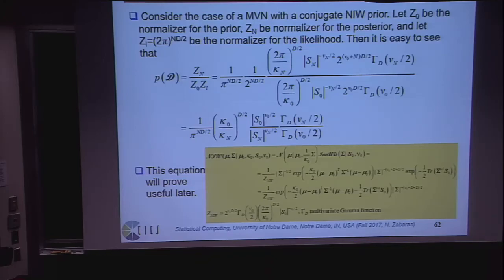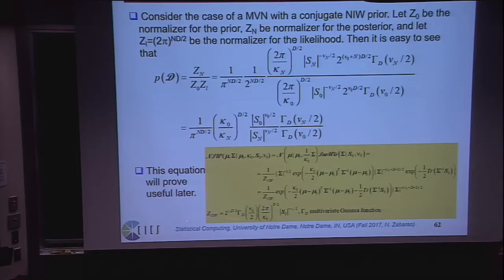Okay? For those who want, you can look back in the slides because we did it. And the normalization factor for the normal inverse Wishart distribution is given by this beautiful expression that involves the determinant of this scale matrix S0. It involves k0, nu0, the degrees of freedom, and this multivariate gamma function. So it looks complicated.